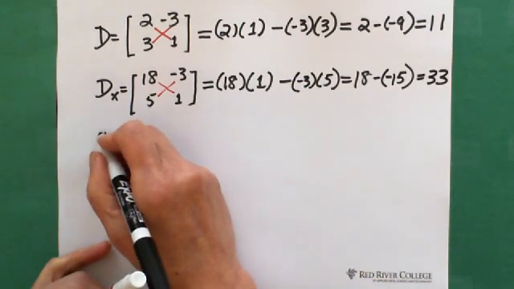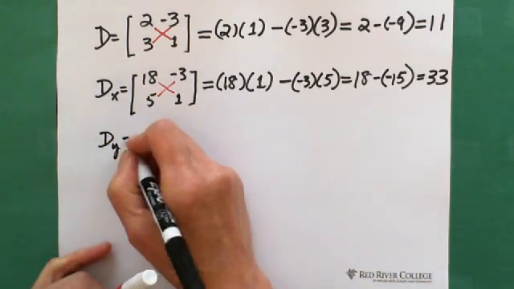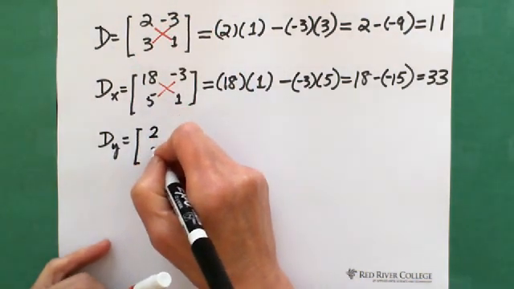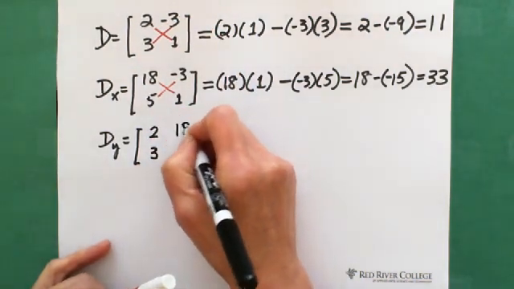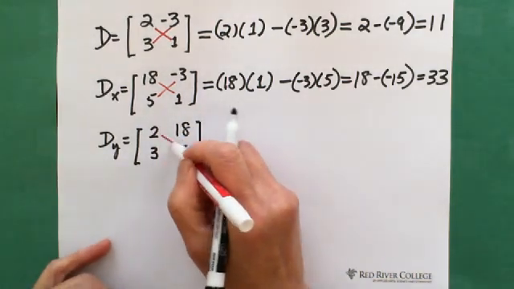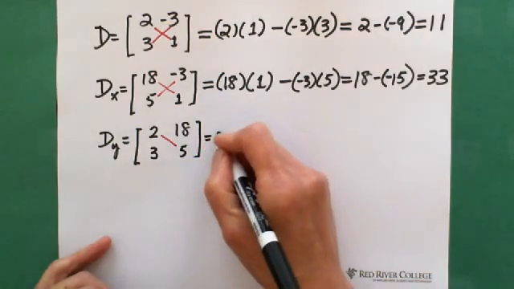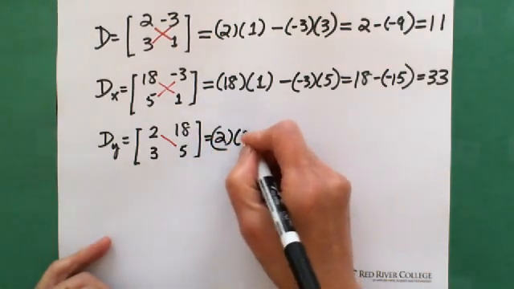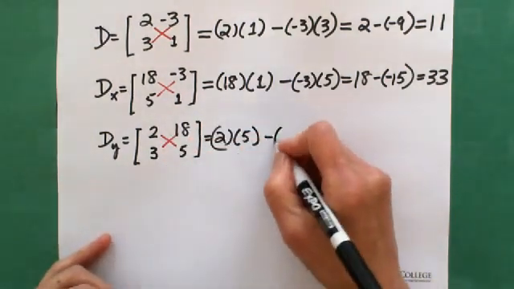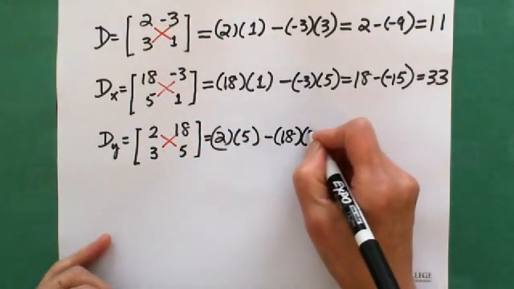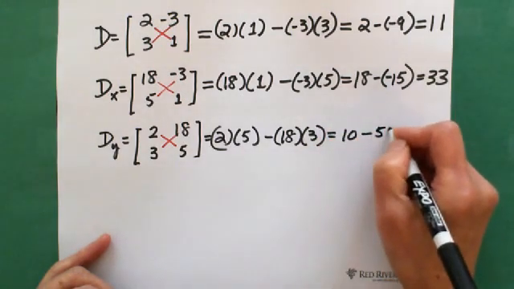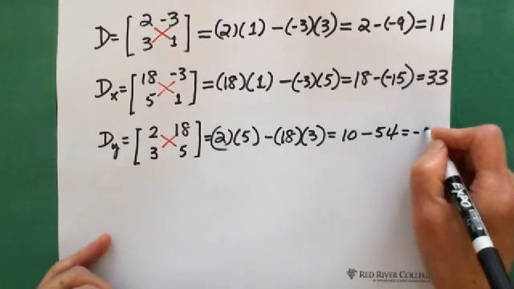And calculate determinant y, which has 2, 3, and 18, 5. Multiply the principal diagonal, 2 times 5, and subtract the secondary diagonal, 18 times 3. We have 10 minus 54, which gives us negative 44.